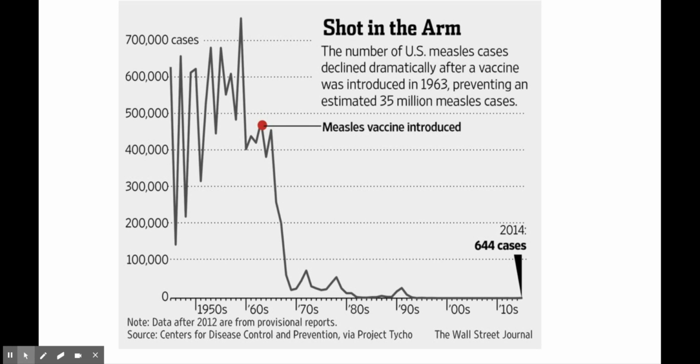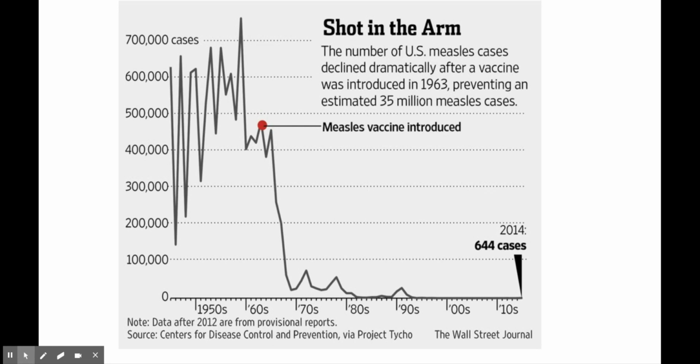We can see examples of this in the history of public health. Measles was a very serious disease in the United States in the early 1900s, and a really good vaccine was introduced, which caused cases to plummet because a lot of people got vaccinated, and basically the pathogen had nowhere to go.